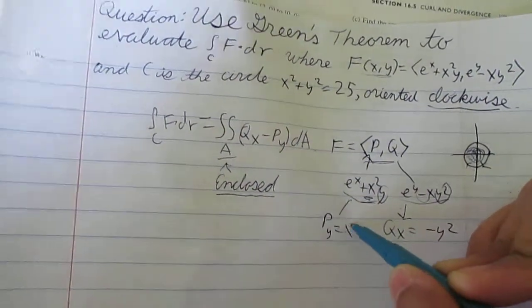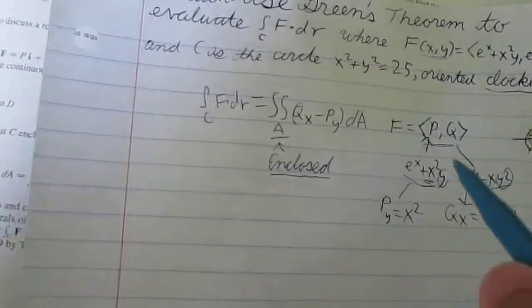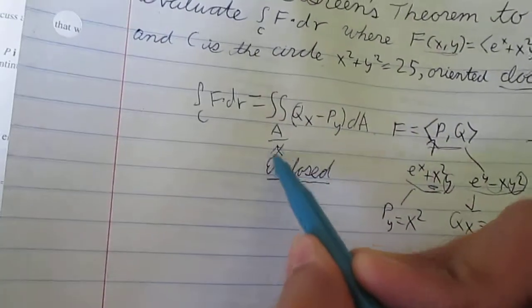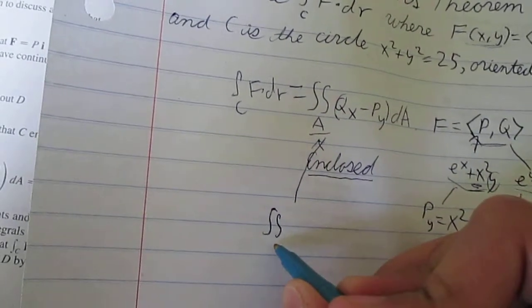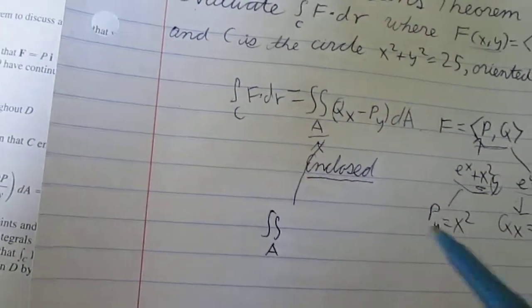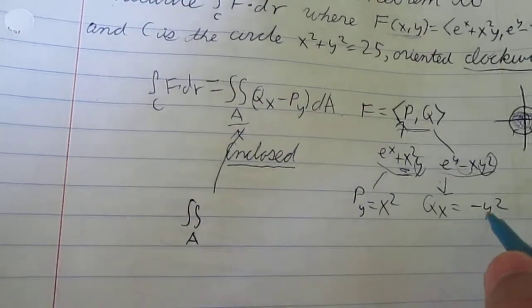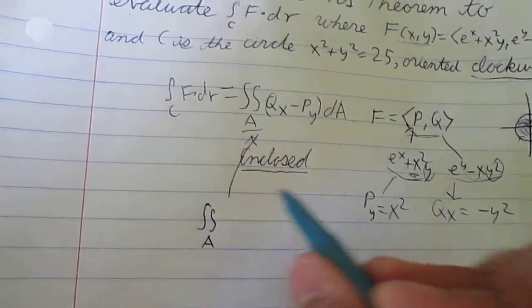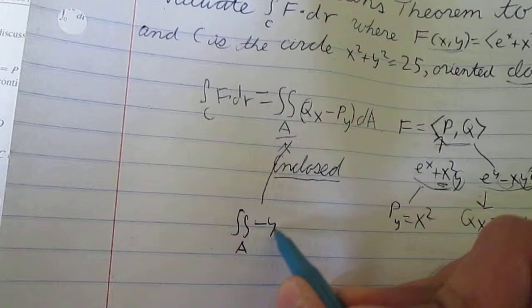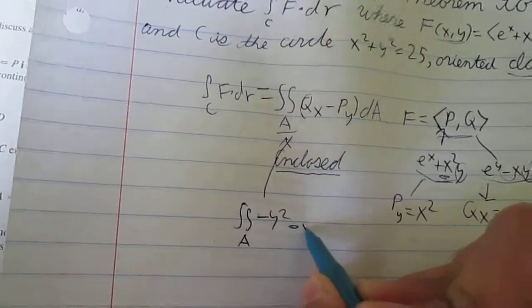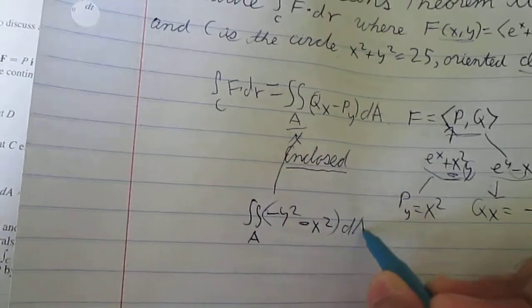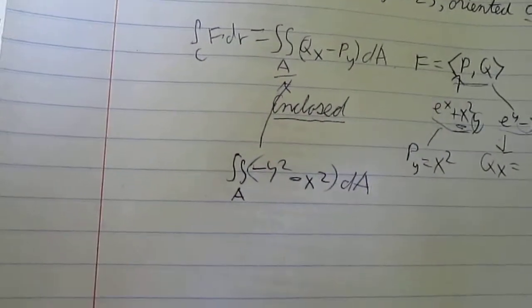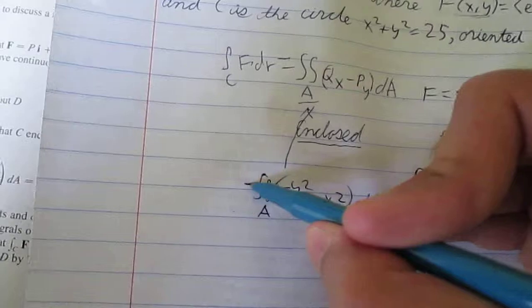So P sub y is x squared. Now when we look at this integral again, this is equal to the double integral over the area of Q sub x minus P sub y, which is negative y squared minus x squared, dA. And that's much easier. Oh, and there's a negative sign here.